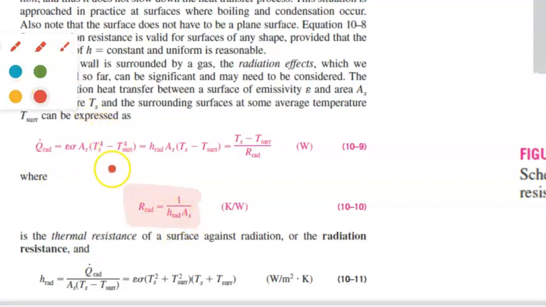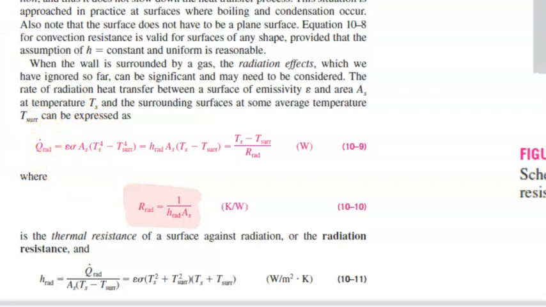The rate of heat flow because of radiation is given by this formula: temperature Ts of the body minus temperature of the surrounding, T surr, divided by R radiation, the resistivity of radiation. This is also given by this equation.